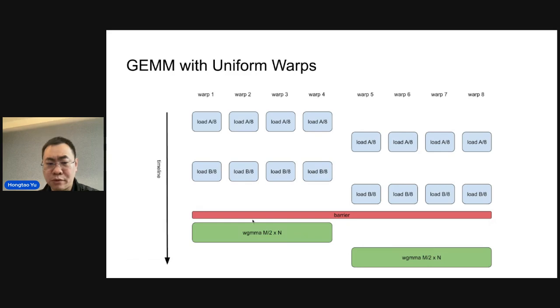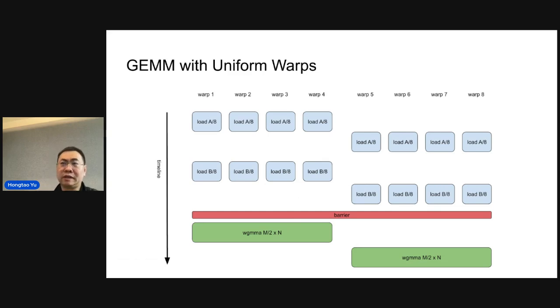Each warp is responsible for loading 1/8 of the data. We divide the 8 warps into 2 groups, and one group is responsible for half of the output tile. As you can see, every warp runs exactly the same instruction stream, with loads, barriers, and the MMA instruction.